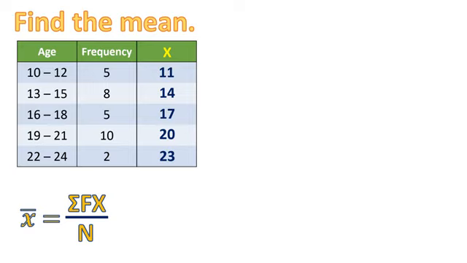After getting the class mark, we will need another column where we multiply the frequency and the x, or the class mark. That's why in the formula there is fx, because it's frequency times the class mark. So we will name it fx.